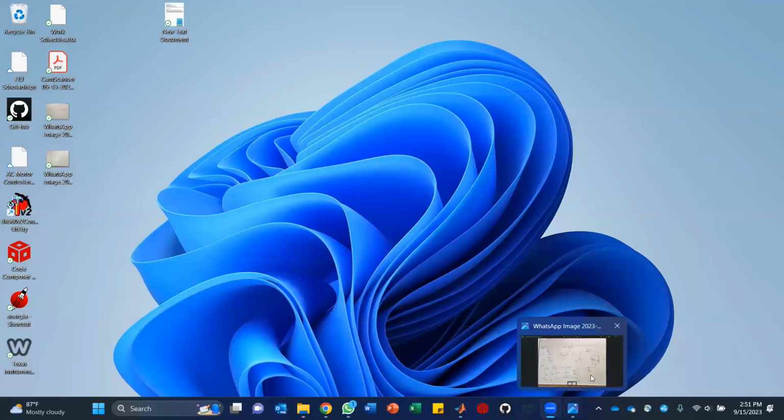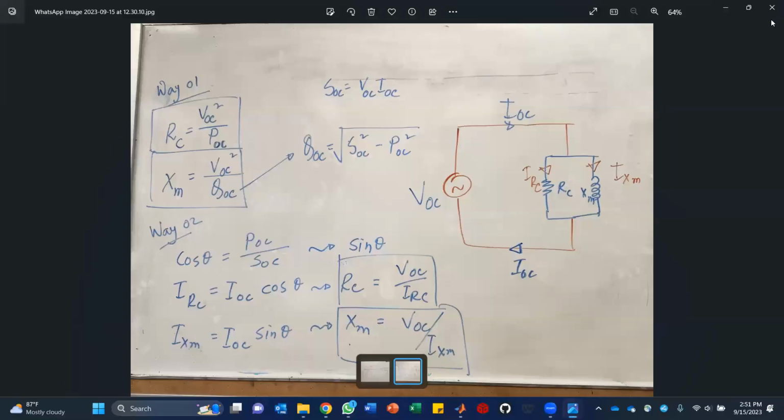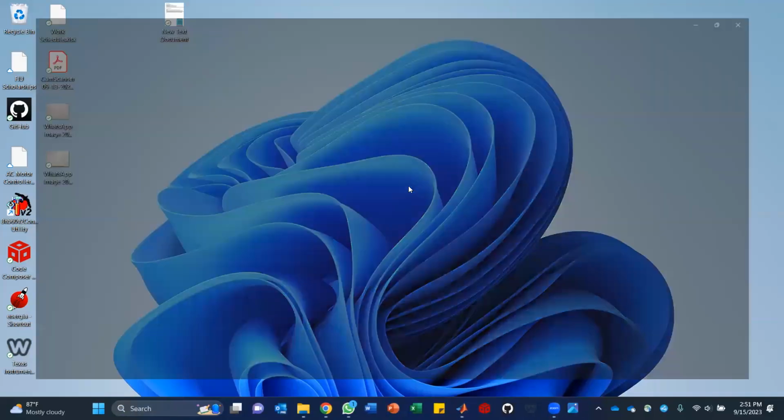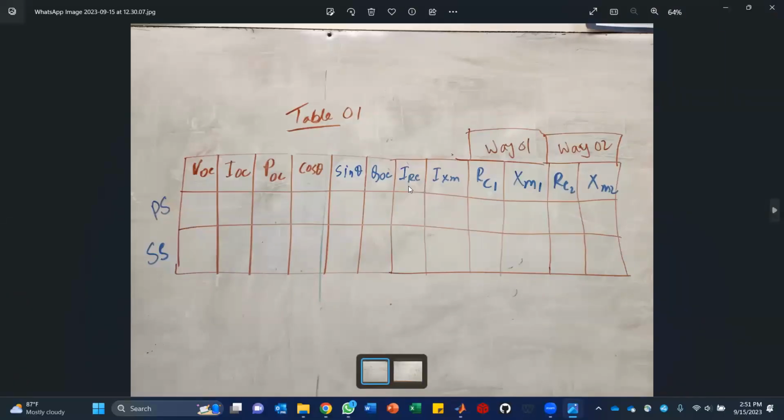So we have measured everything, I guess. Now I'd like you to take a note and make a table and put all the values and calculate each of these items.